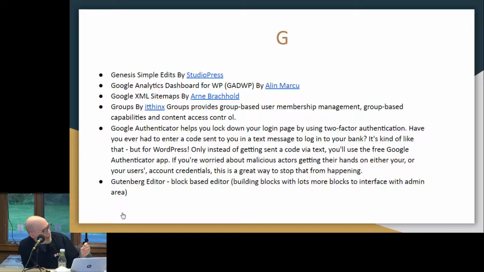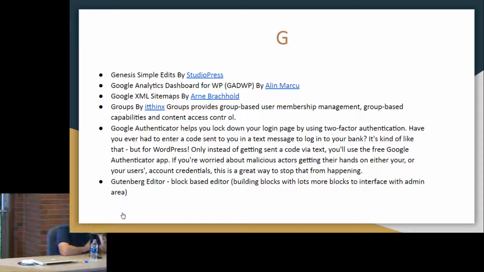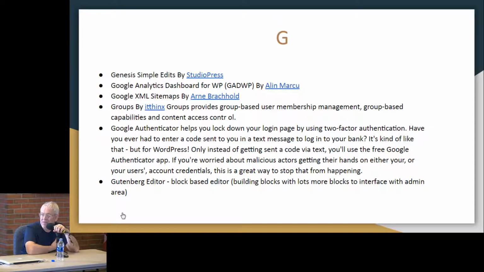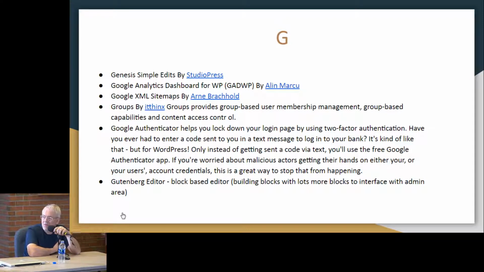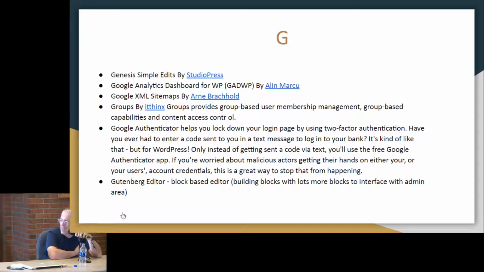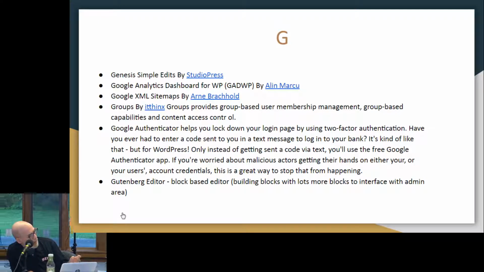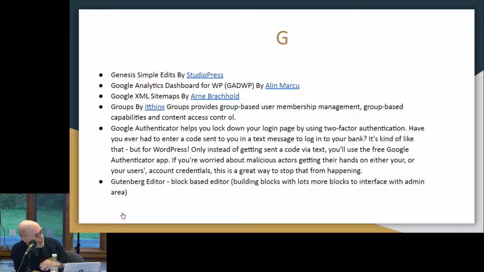No. Gutenberg is now part of the WordPress core. So when you install WordPress or you update to the current version of WordPress, Gutenberg is part of that environment. It's not a plugin now. It is part of the operating environment. Even though you would have the Gutenberg editor, it still would be advisable to use a site builder type, like Divi.